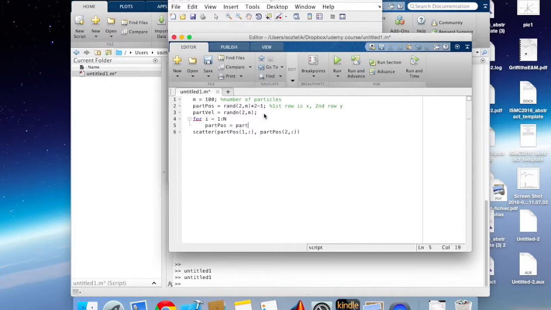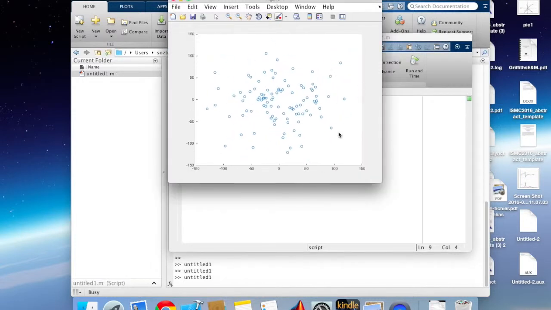Particle position equals particle position plus delta t times particle velocity, where let's set delta t equal to 1. And let's say draw now to see how these particles are moving.